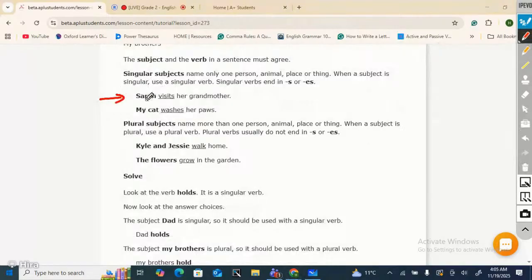Let's read the sentence. Sarah visits her grandmother.